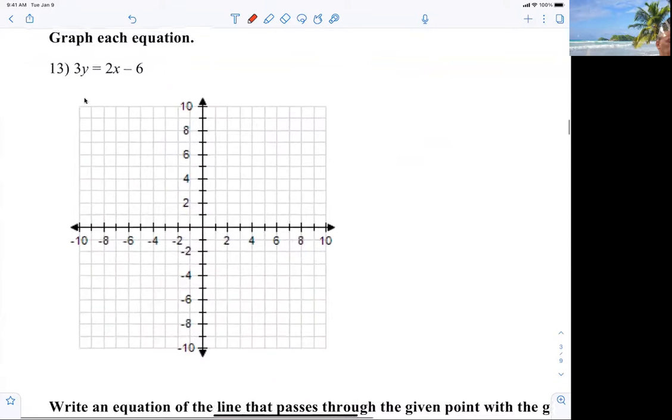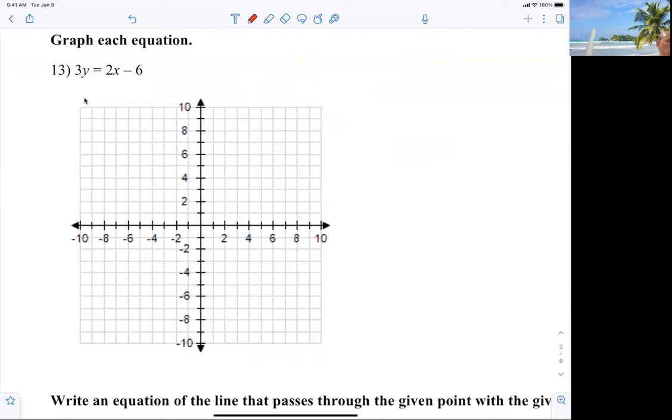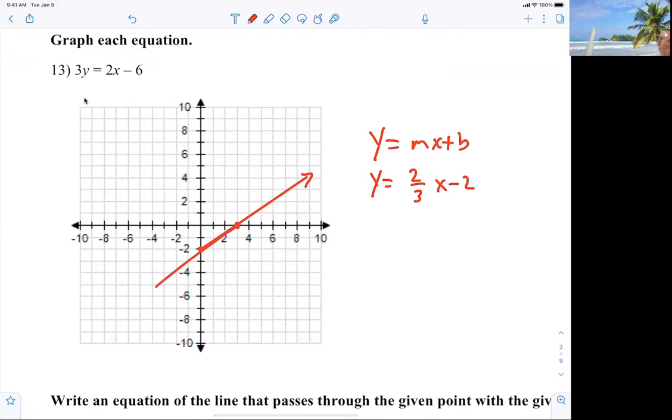Okay, now graphing. Essentially we just have to convert that to y equals mx plus b. And so y is equal to 2/3 x minus 2. Then from there we go down 2, and then from there up 2 and right 3. Remember, if you forgot, just let me know. Anybody have any issues with that?